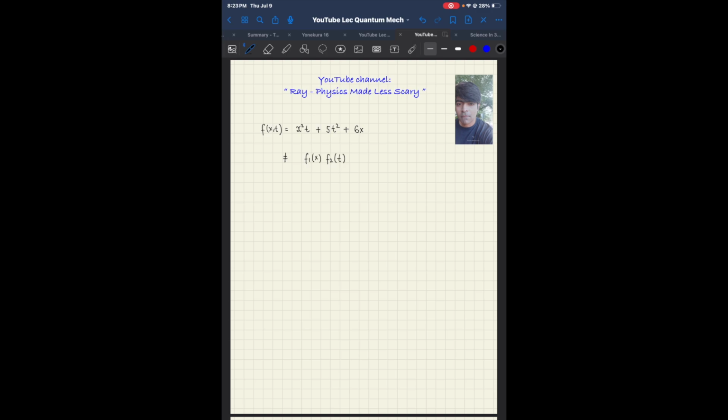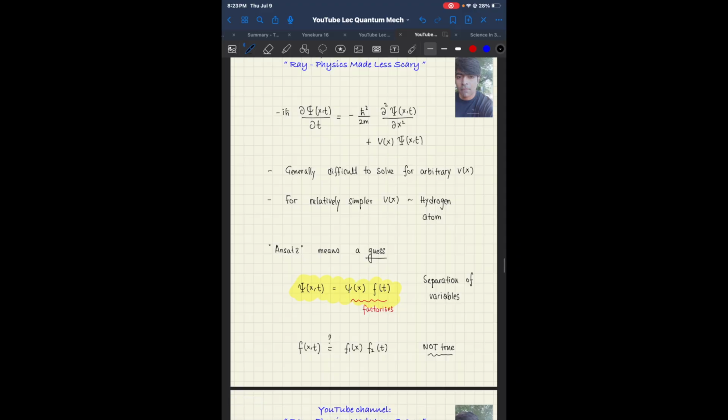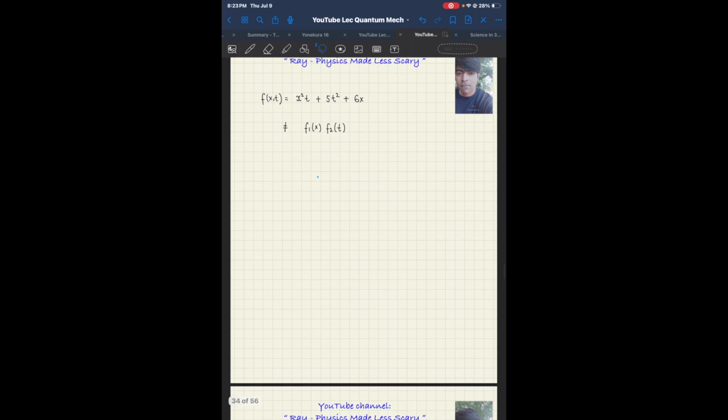Well, if you go back to your Schrodinger equation, which is here, copy, paste, and substitute this ansatz that you had, a magic happens.